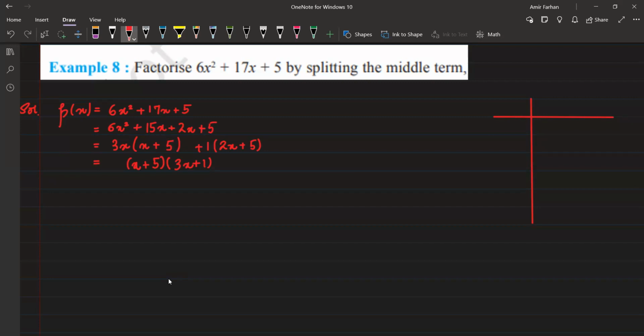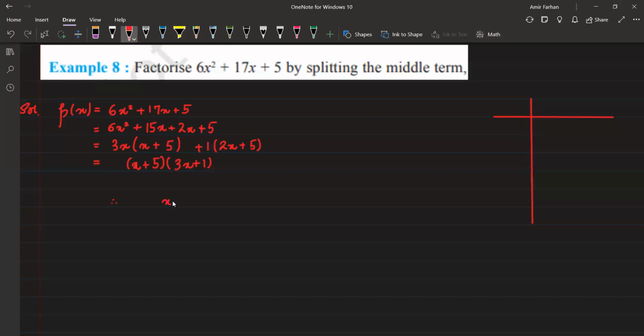Gianna and Ifra, any idea? No? In the last class, I told you, I think you didn't remember that. What we need to do once we get the factors is equate them to 0. Each individual factor should be equated to 0 to get the value of x, or the zero of the polynomial. Clear?